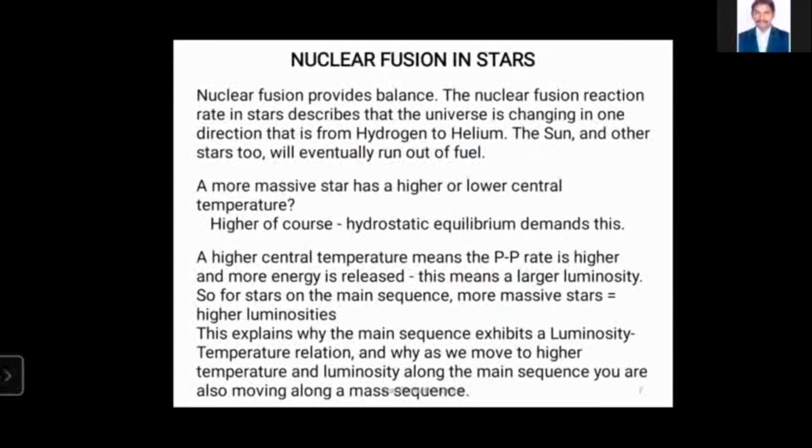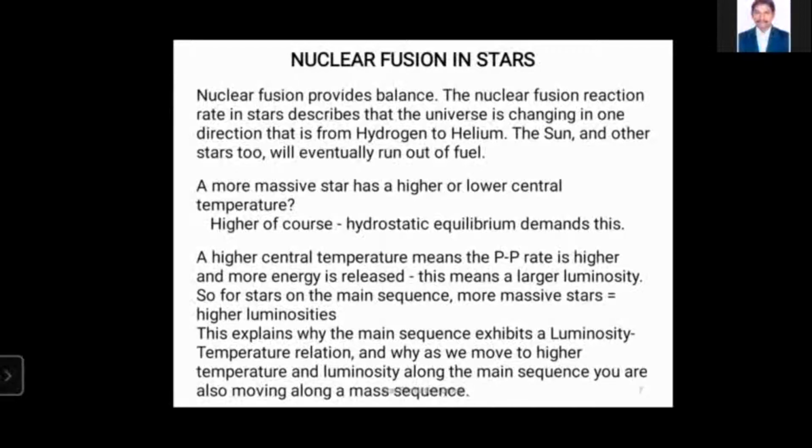So next is nuclear fusion in stars. Nuclear fusion provides balance. The nuclear fusion reaction rate in stars describes that the universe is changing in one direction, that is, from hydrogen to helium. The question arises: does a more massive star have a higher or lower central temperature?